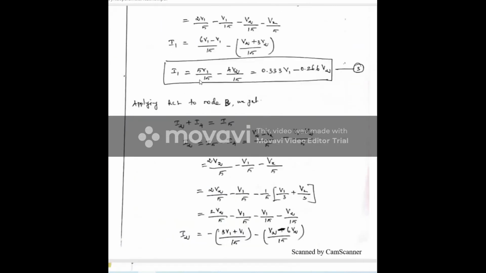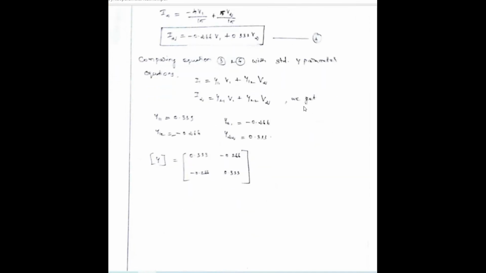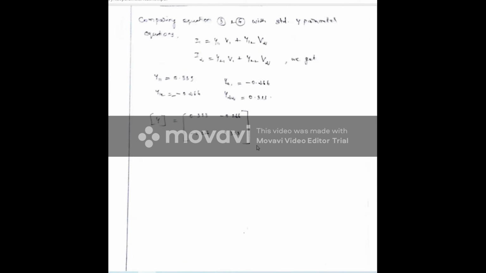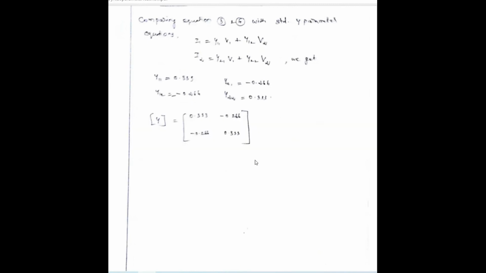In the I1 equation, the coefficient of V1, this 0.33, is Y11, and the coefficient of V2, minus 0.266, is Y12. Similarly, minus 0.266 is Y21 and 0.33 is Y22. So the Y matrix, the admittance matrix, can be written like this.